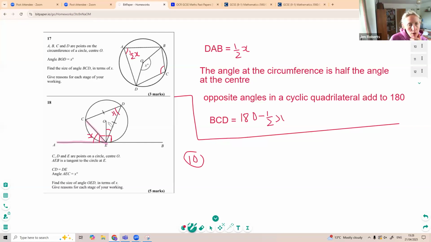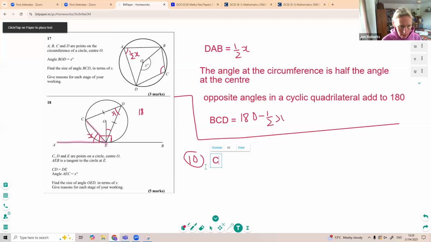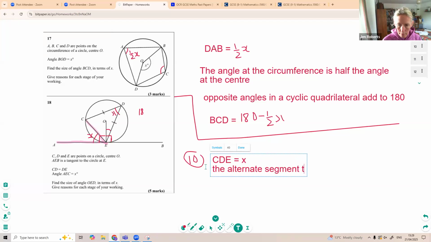Okay, I've got an isosceles triangle. So I can say CDE equals x, and my reason is the alternate segment theorem. I'm going to use the fact we've got an isosceles triangle.